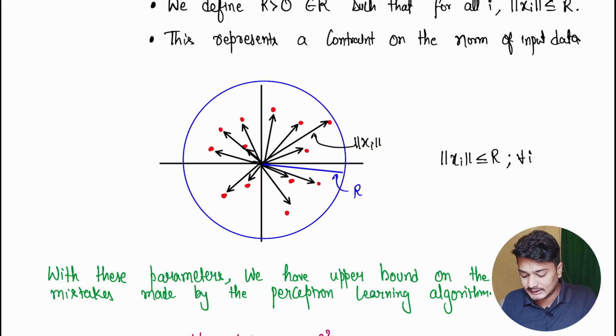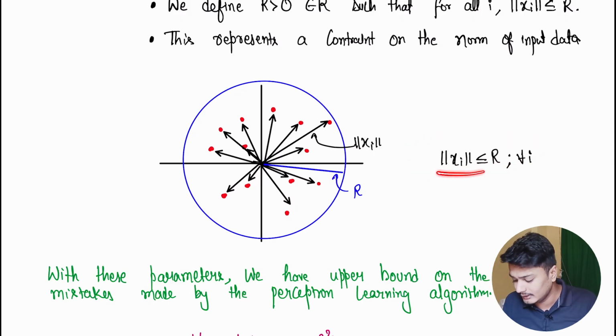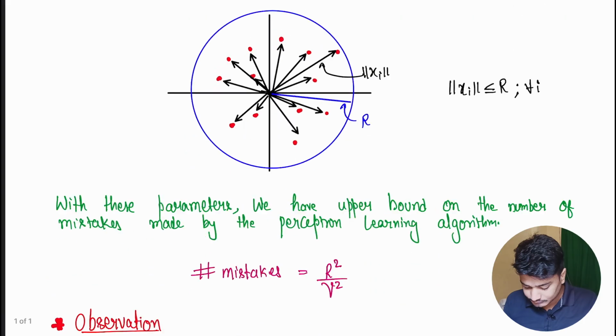So what it says is that there will be a radius R which will construct a circle, or let's say a boundary, where all these norms, all these lengths, will be less than or equal to this R. So it is a boundary on all the data points. For all i, the norm of xi is always less than or equal to R.